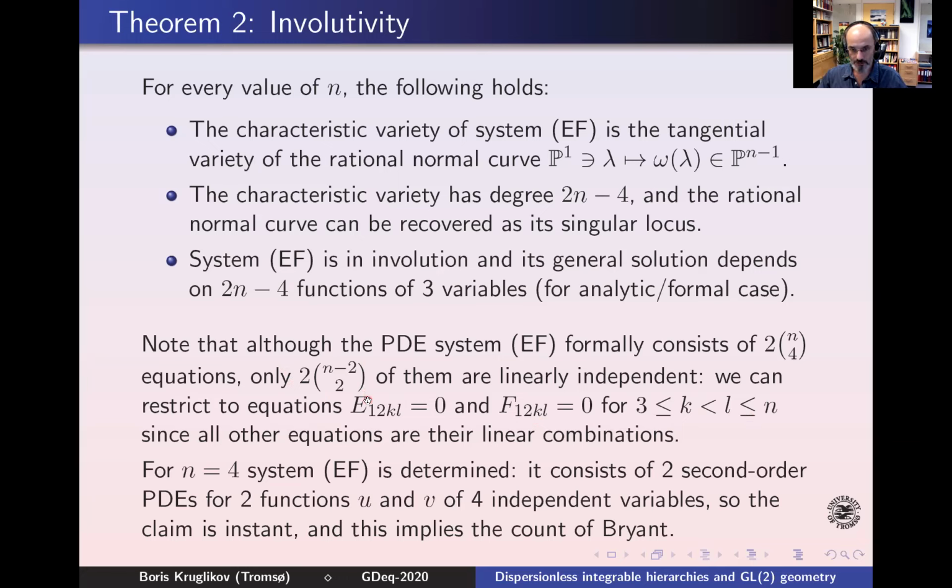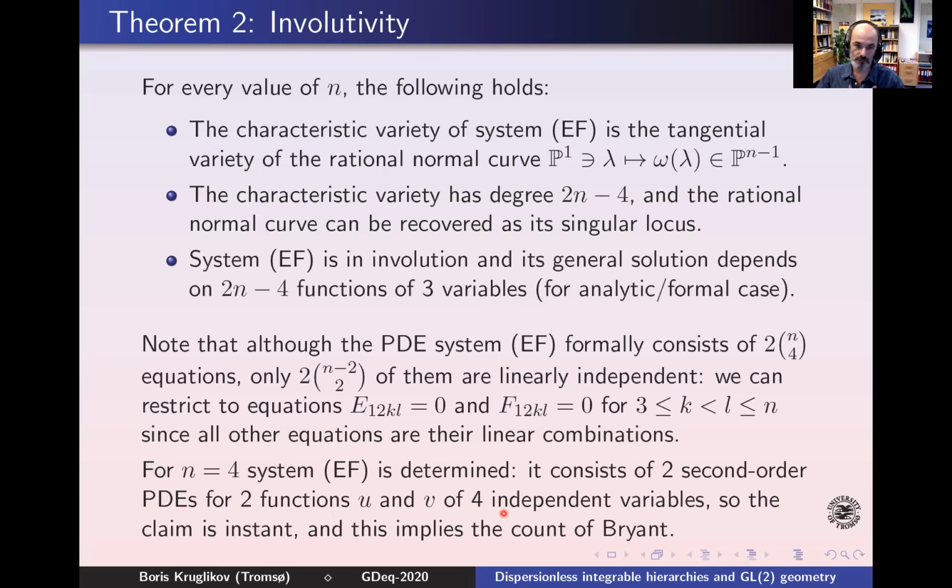Let's take a very particular case. The minimal interesting story is n equal to 4. So for n equal to 4, this becomes 2 times 1, which is 2. So we have 2 second order PDEs for 2 functions. It's actually a determined system. And therefore, the solution depends on 4 functions of 3 variables.